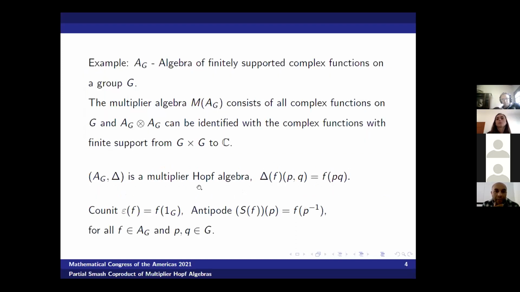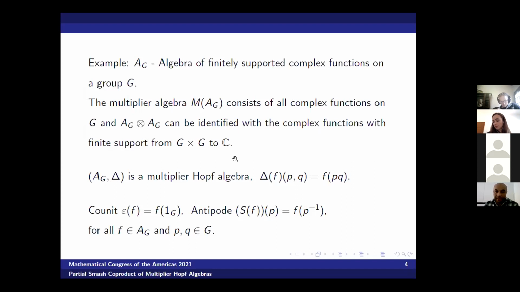The first example, constructed by Van Dale, is the algebra of finitely supported complex functions on a group. It is easy to prove that the multiplier algebra of this algebra consists of all complex functions on the group G. Here we have some identifications to show that this defines a coproduct in the sense of Timmerman.